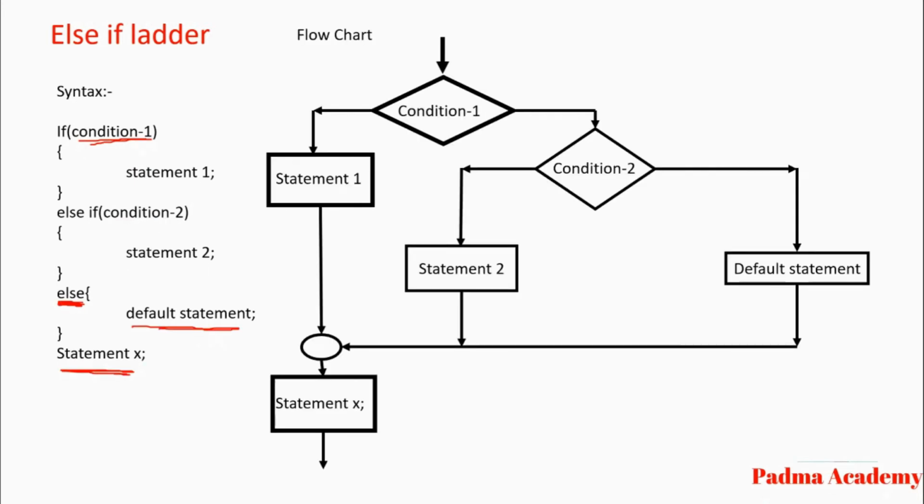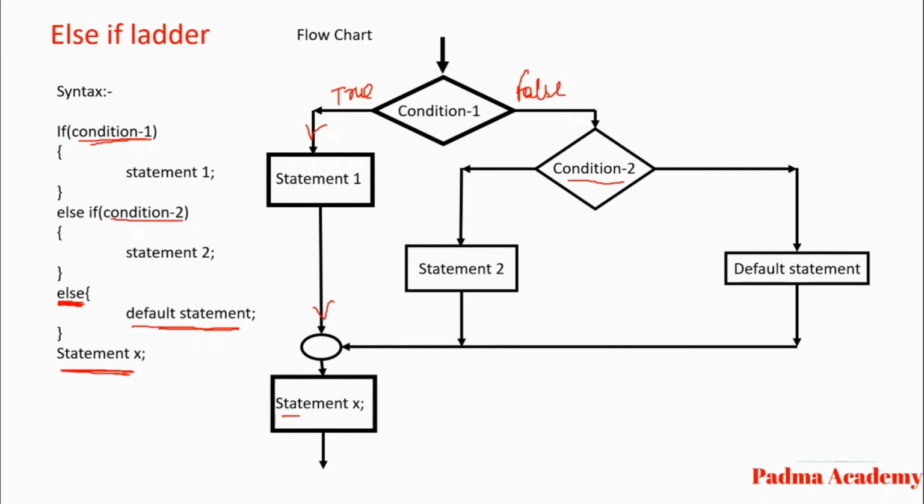The flowchart for it: when condition 1 is true, then it will execute statement 1 and then it will execute statement X. If condition 1 is false, it will check condition 2, that is the else if condition 2.